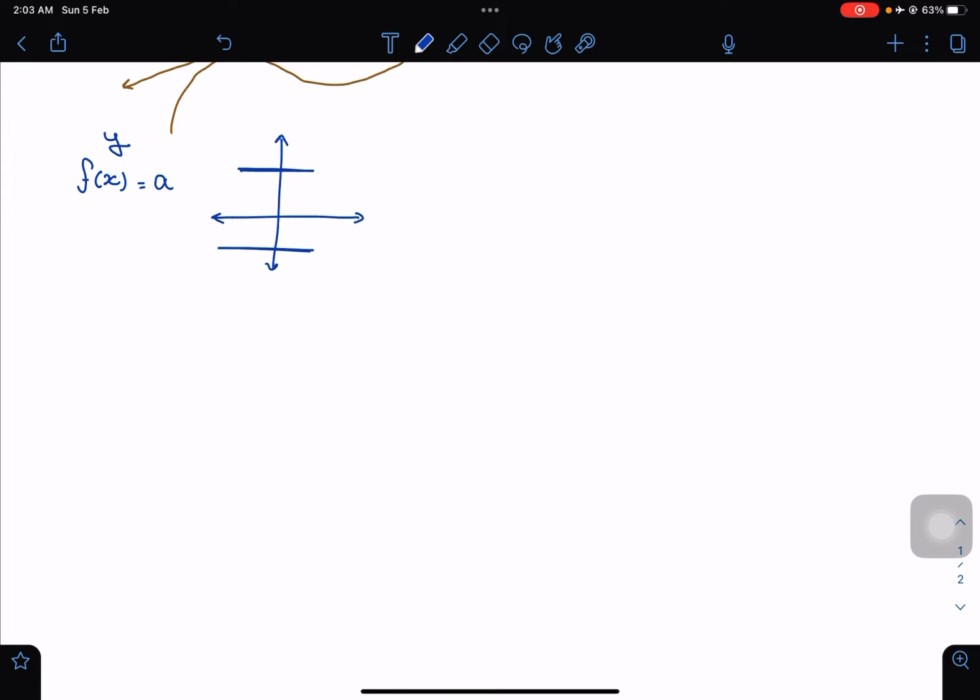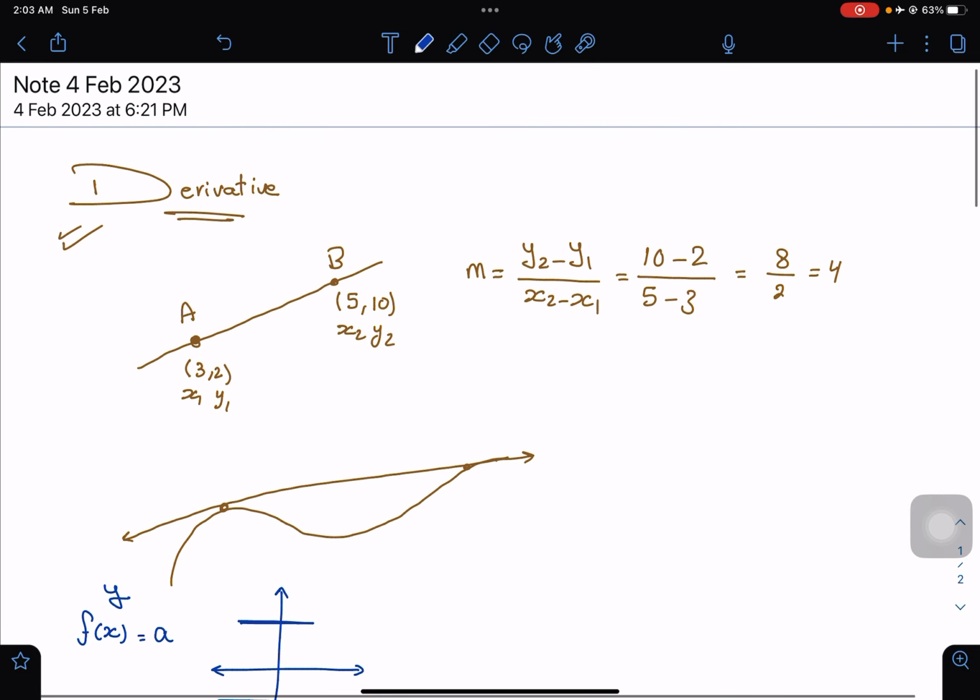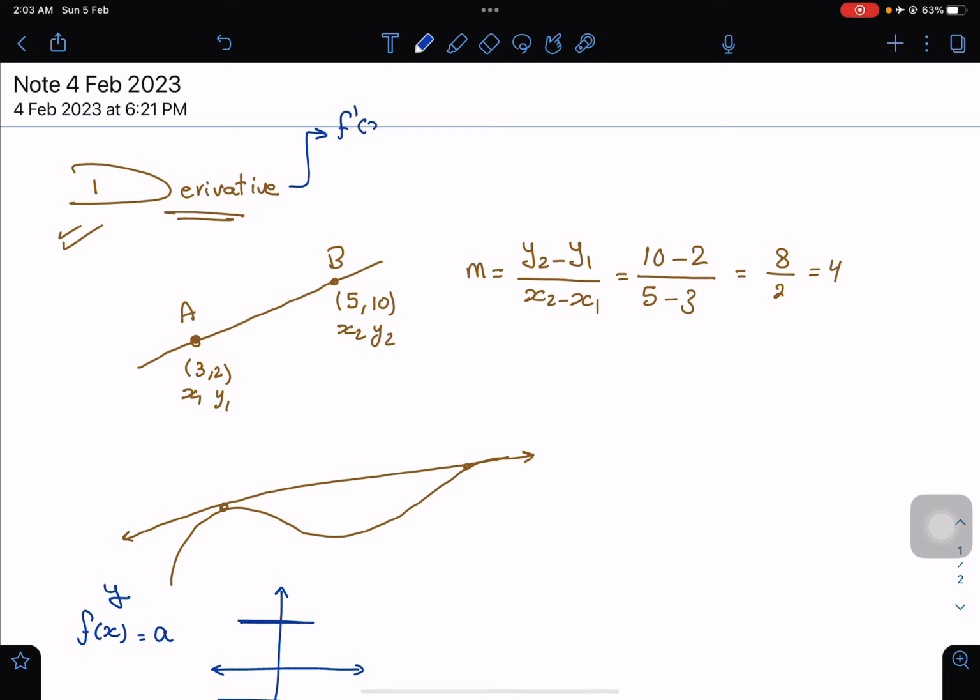So, the first rule: if I asked you to find the derivative of a constant number, we must first know the symbols of a derivative. How do you know this question means a derivative? If I give you f dash x, that means find the first derivative of the function.